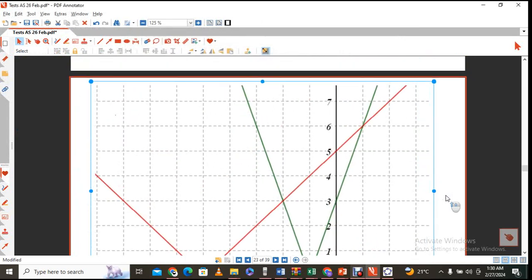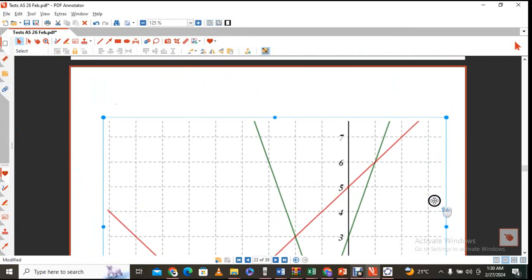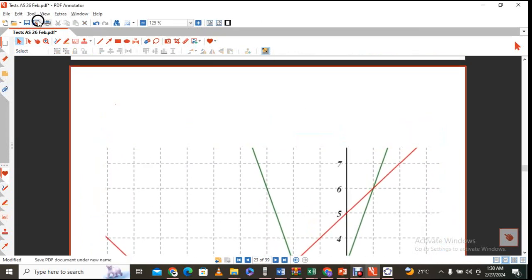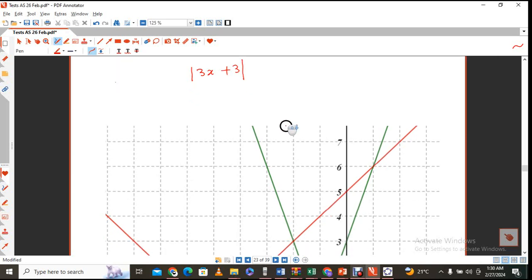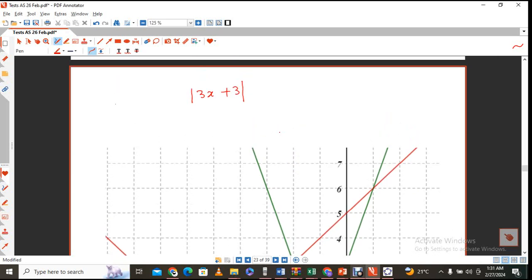So what this now means, if we have our absolute value, it was initially the absolute value of 3x plus 3, which is the green one, where it's less than the absolute value of x plus 5, which in this particular case is the red one.